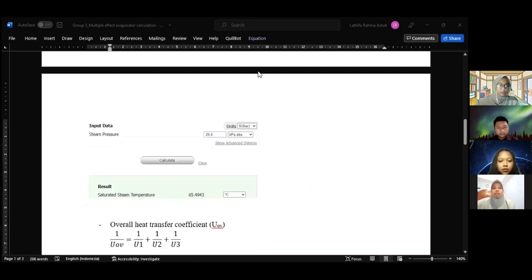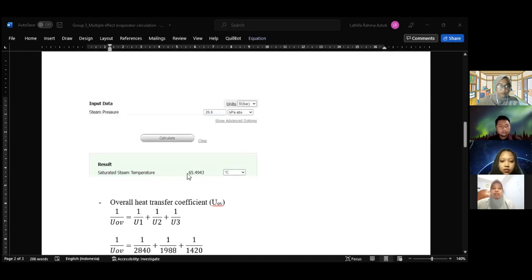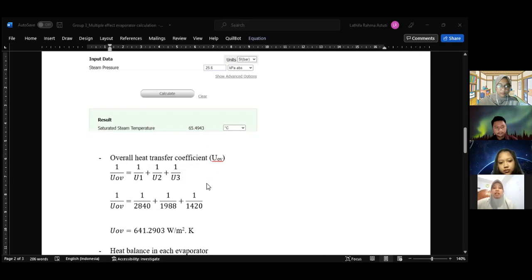We can find T3 by using the table, and here we just input the data of P3 and then click calculate, and after that we get the result that T3 is equal to 65.4943 degrees Celsius.